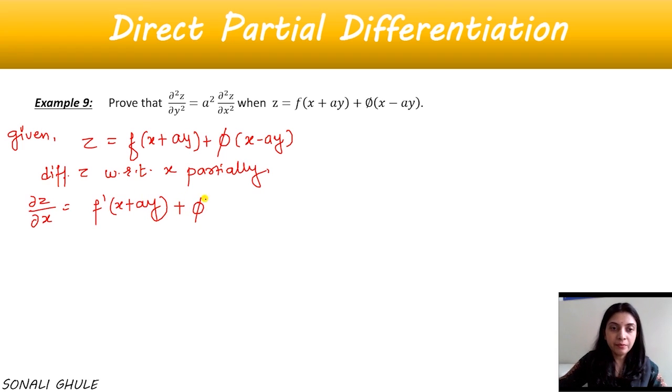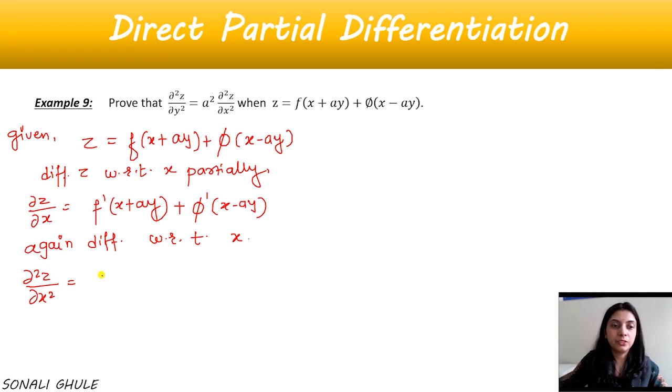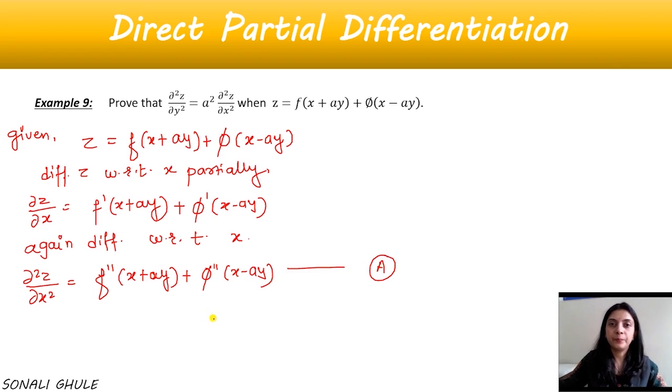Plus similarly here the derivative of phi is phi dash, and it is a function of x minus ay. So when I differentiate this with respect to x, its derivative is 1. Now again differentiate with respect to x here. So this time this will give me ∂²z/∂x², double differentiation. And definitely it will be f double dash of x plus ay plus phi double dash of x minus ay. Okay, say this is our equation A.